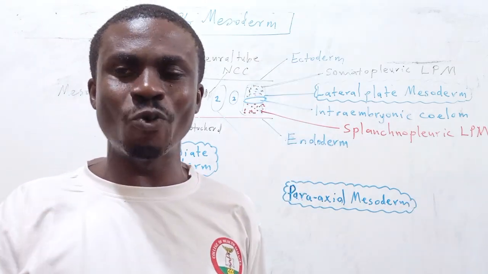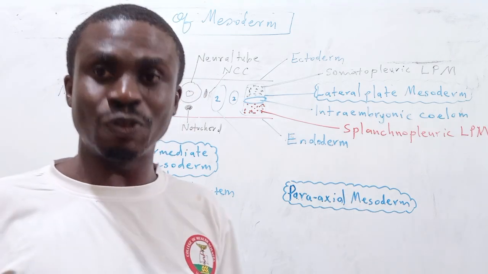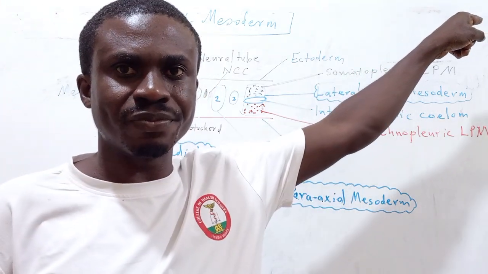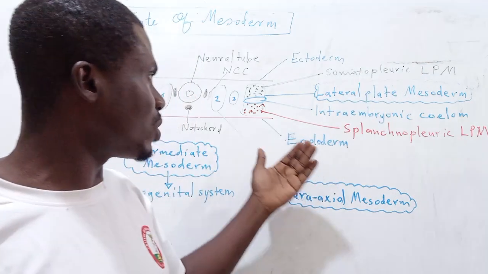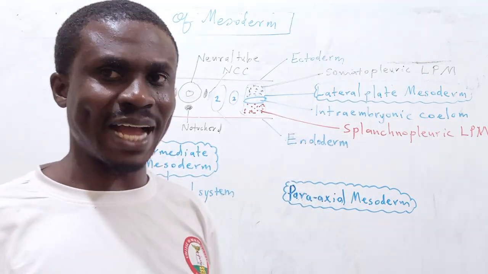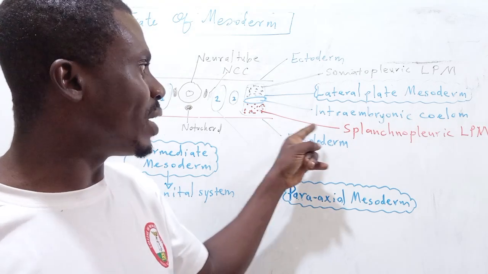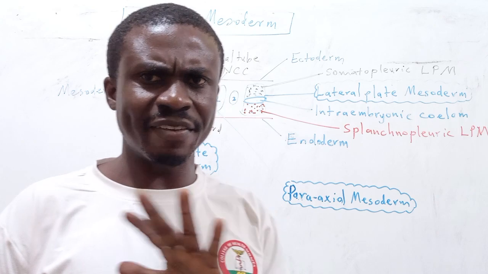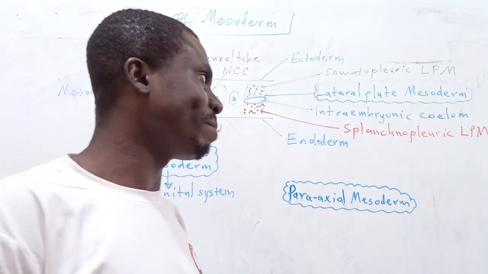Anything body wall has to do with mesoderm. Somatic, and that is why we call it somatopleuric lateral plate mesoderm. And of course, that portion which is in line with the yolk sac, and for that matter, the endoderm, we are calling splanchnopleuric lateral plate mesoderm. Yes, these are the things that we've got so far.